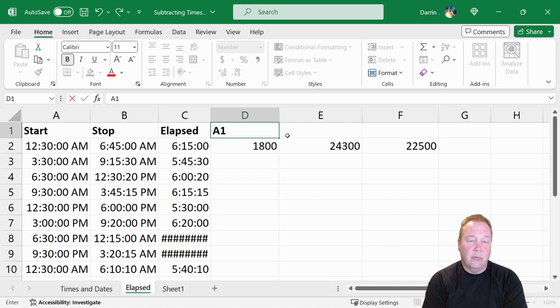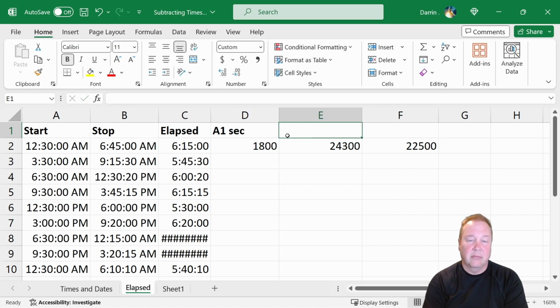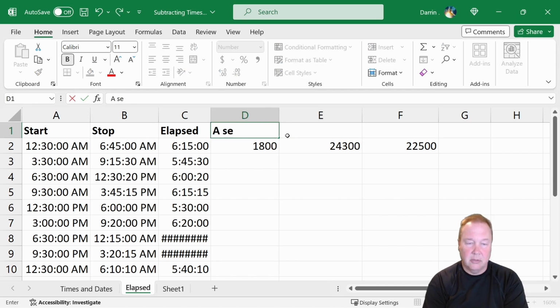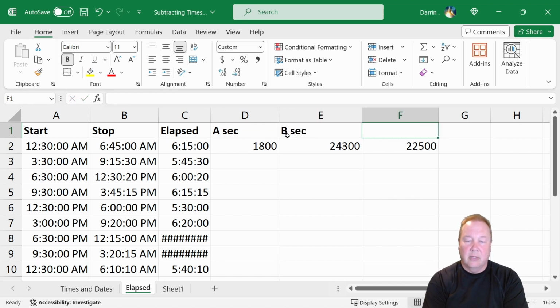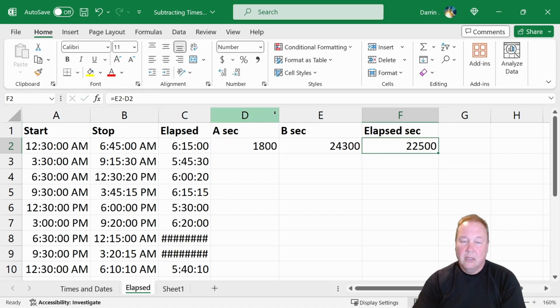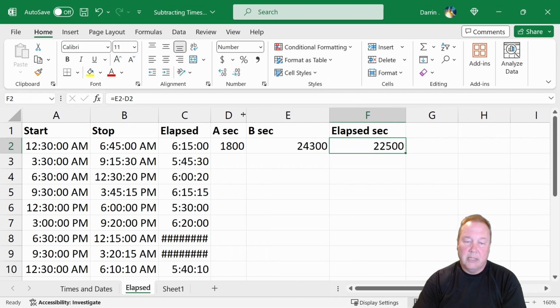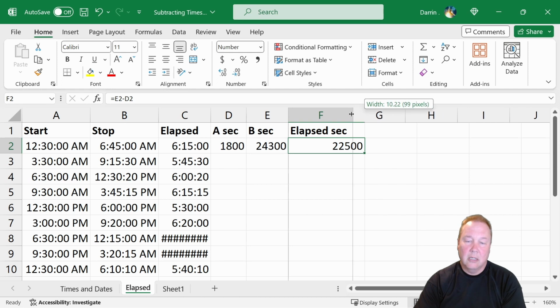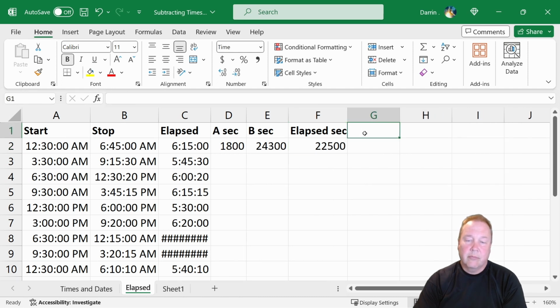So this is A1 seconds, or A seconds, I suppose. This is B seconds. This is elapsed seconds. Shrink these down a bit because I'm going to run out of room on the screen if I don't. Okay, so now I have to convert this into hours, minutes, and seconds.